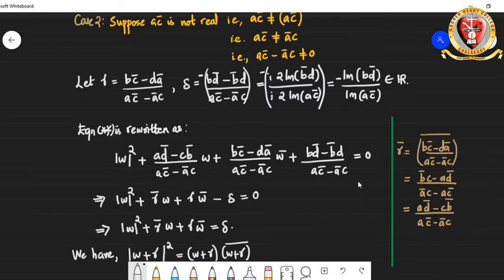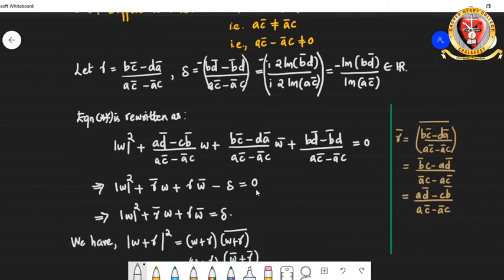You get the equation like this, and you're going to substitute gamma and delta. Here we have calculated gamma bar, so the second coefficient here is nothing but gamma bar, and this one is gamma, and this is nothing but minus delta, because we had to count it as the negative of this term. Okay, so you got the equation like this.